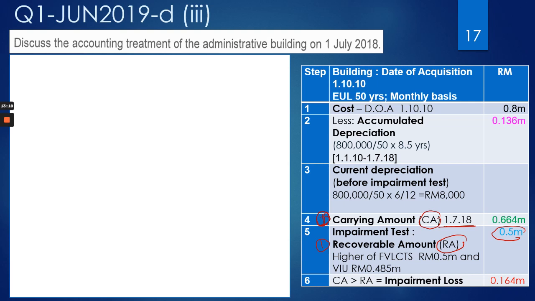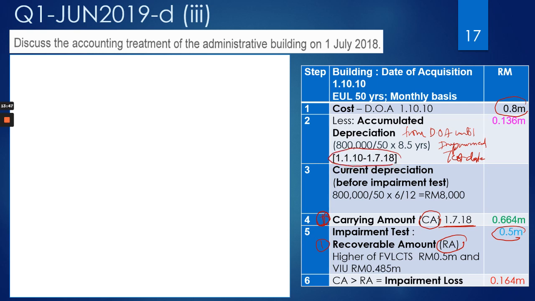To get the carrying amount on 1st of July 2018, you need to take the cost on the date of acquisition, and that has to be adjusted with the accumulated depreciation from the date of acquisition until the date that you have the impairment test, and that was this period.